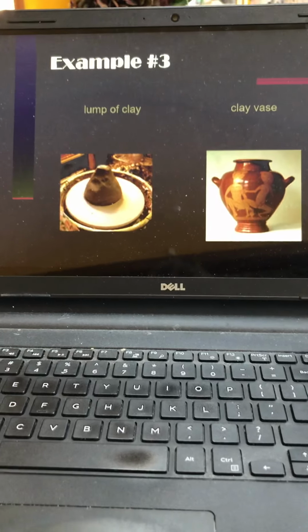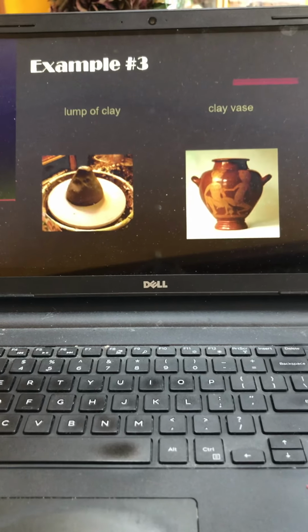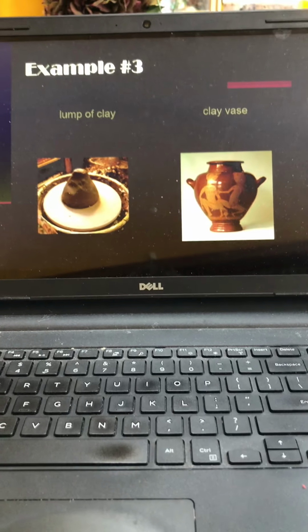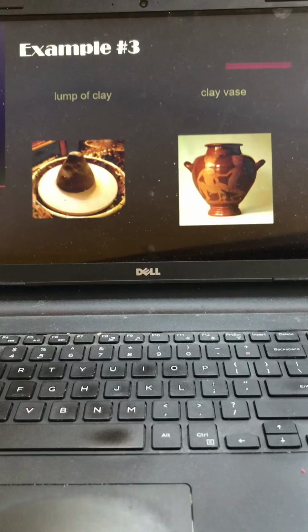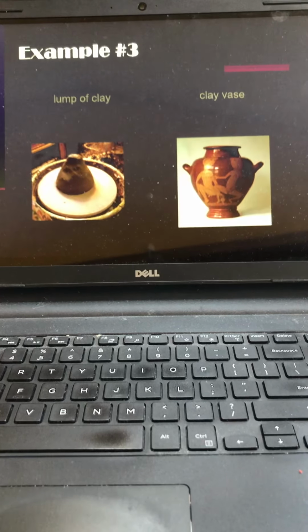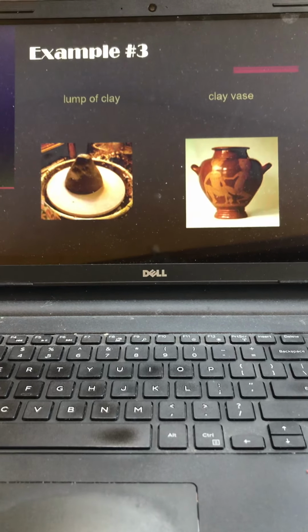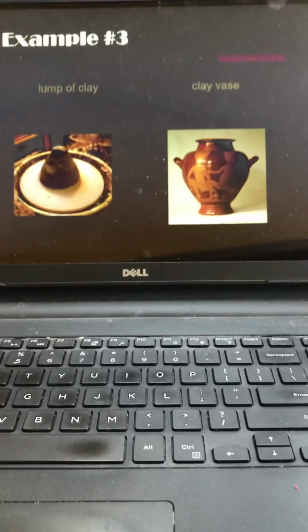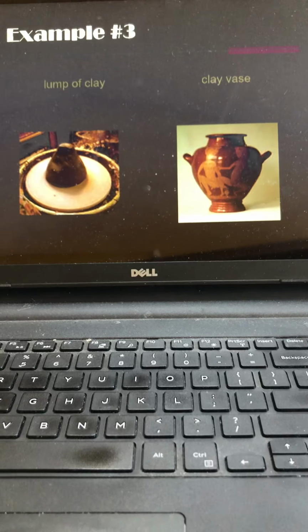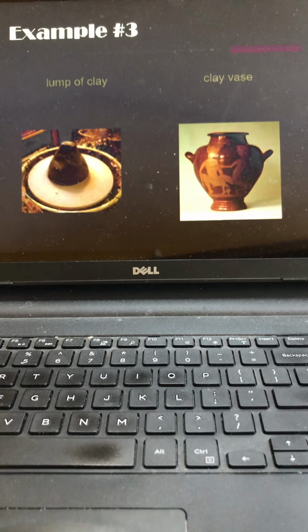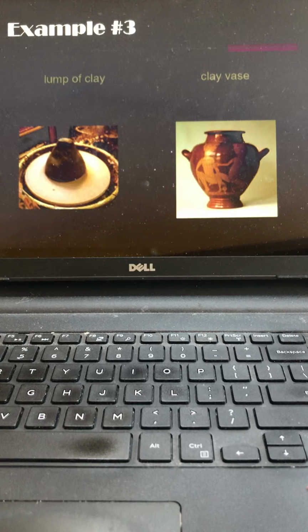Number 3, we have a lump of clay and we have a clay vase. Now, you have to listen to what I say and not look exactly at the pictures because I was limited by the pictures that I could find for this. Okay, so we're just talking about a clay vase.